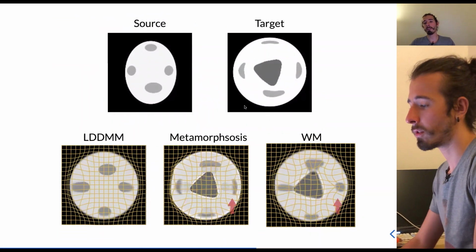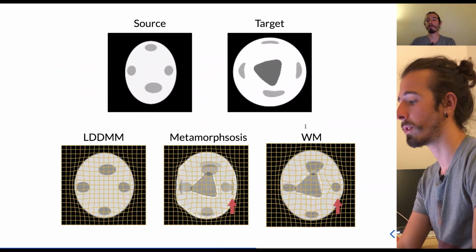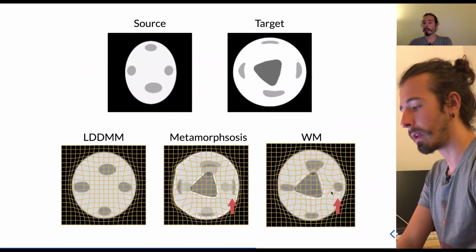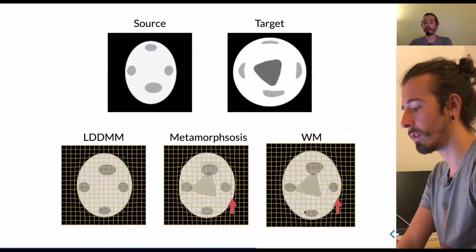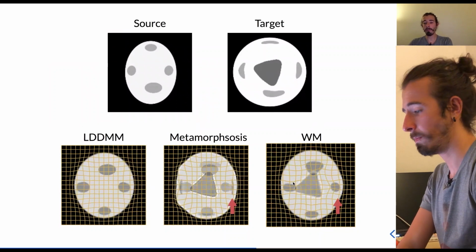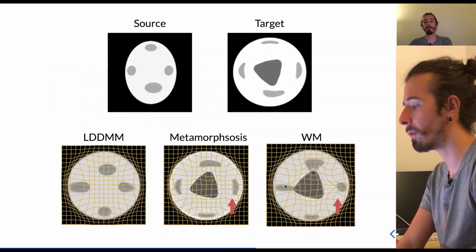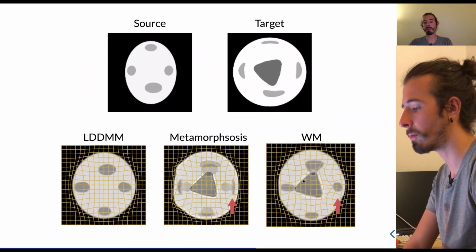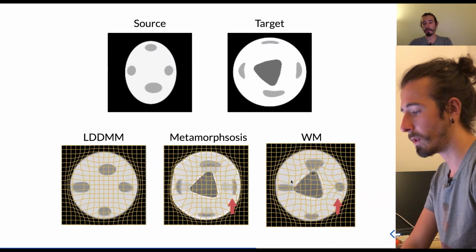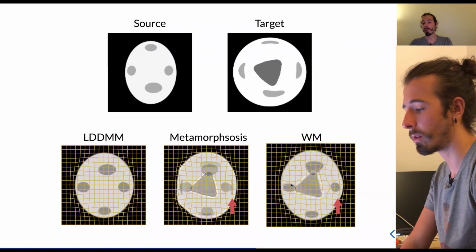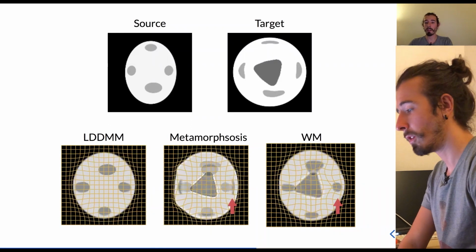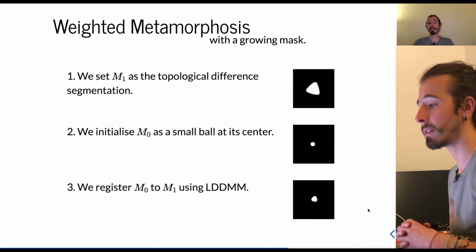If we try to match this with a constant mask, we see that we managed to register the two organs well. However, if the organs were superposed on the target image, we see that they got stuck, and we do not manage to register them properly. So we thought of making the mask grow.